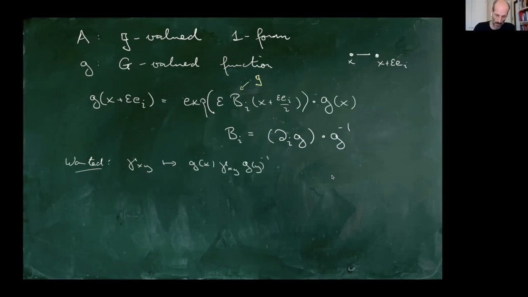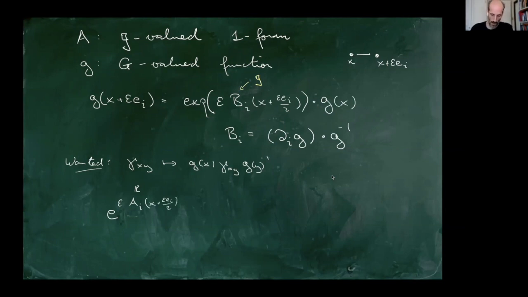Right? Now, gamma xy, if for y I take x plus epsilon e_i, then this is approximately e to the epsilon A_i of, well, always x plus epsilon e_i over 2.